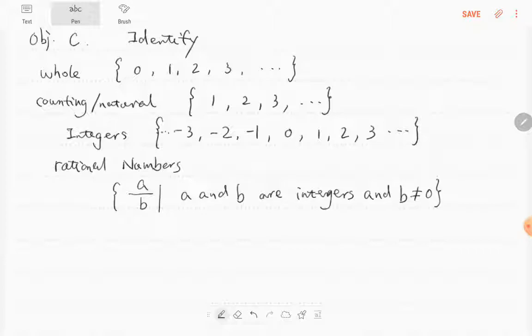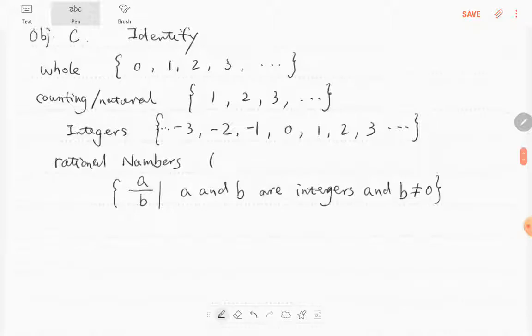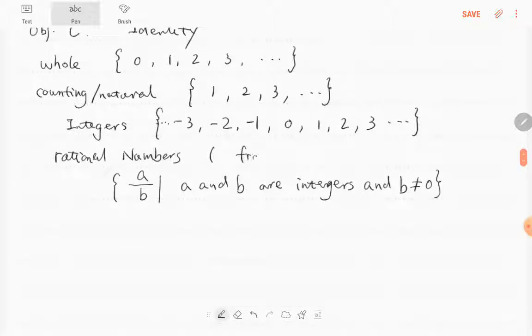Any number that can be expressed by this form, we call it a rational number. So most of the time we refer to rational numbers as fractions.